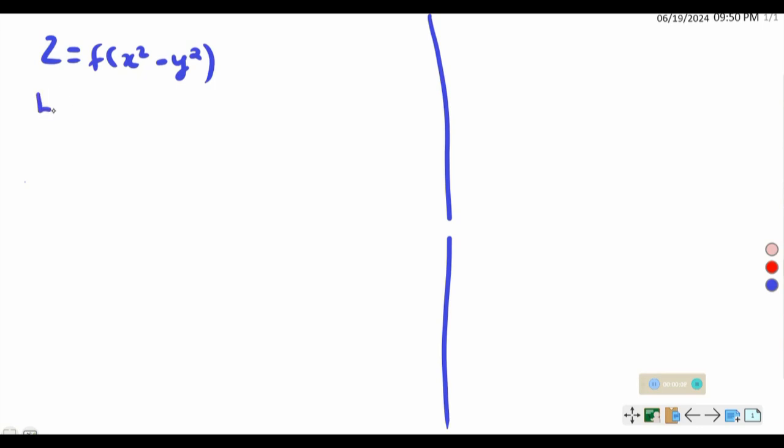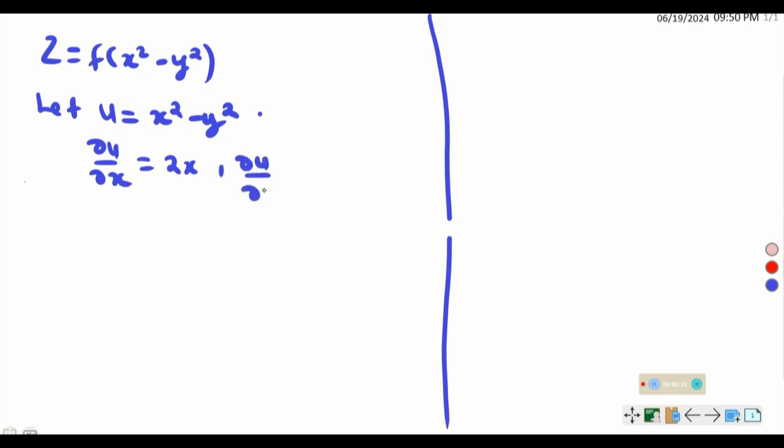So let us have u to be equal to x squared minus y squared. For this case, we can easily take the partial derivative of u with respect to x, which will give us 2x, and partial derivative of u with respect to y, which will give us negative 2y.